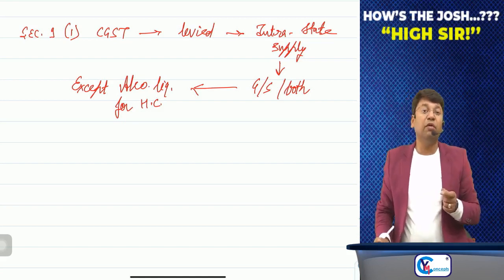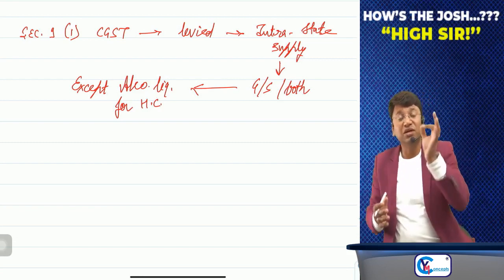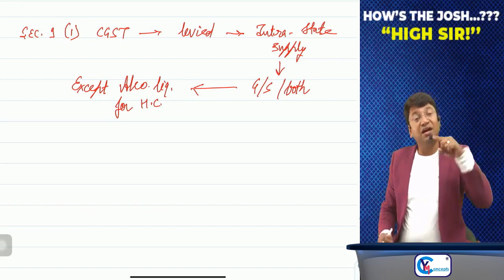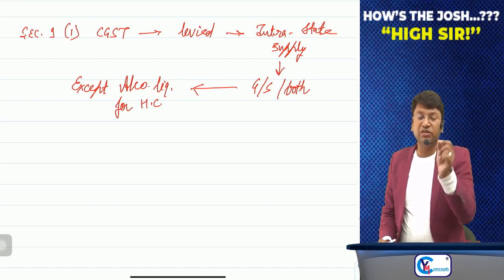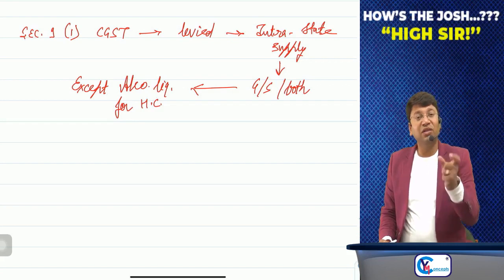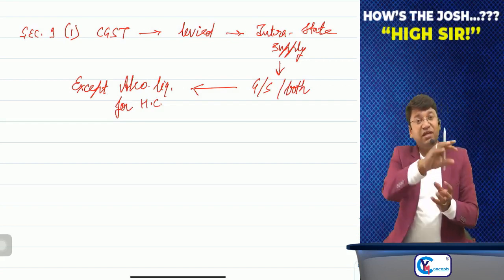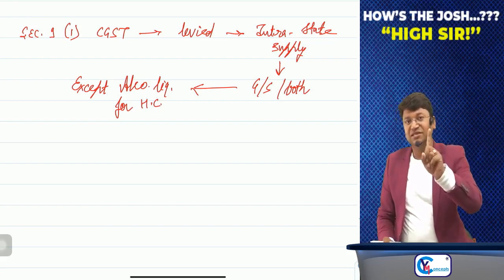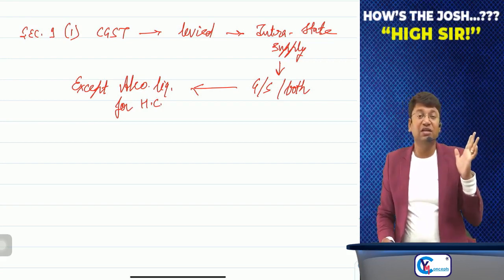If the government had merged the taxes on alcohol in GST, the state governments would lose their revenue, because earlier excise duty and VAT were both collected by the state government. All the revenue was going to the state government only, and if the taxes on alcohol were merged in GST, the central government would also get 50% of the revenue. That's why alcohol was kept out of GST.